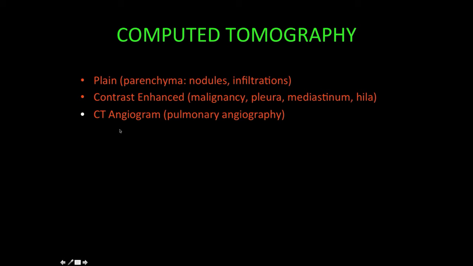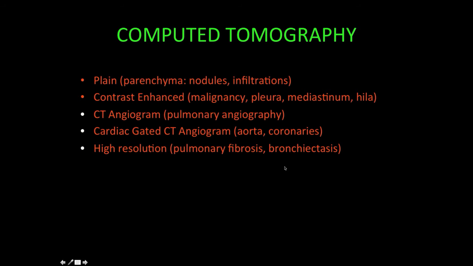A CT angiogram is more than a contrast-enhanced CT. It is a targeted, timed study for the target vessel, whether it's for the pulmonary arteries, the aorta, or the coronaries. A cardiac gated CT angiogram is what's needed to evaluate the aorta and the coronaries so that we reduce cardiac motion at all costs.